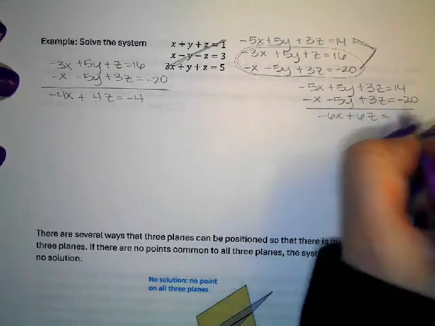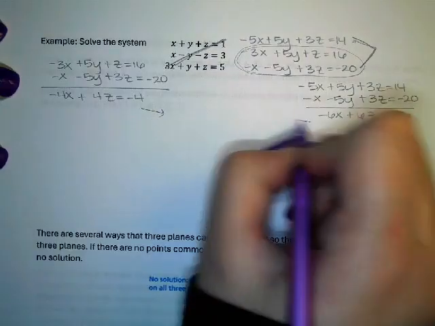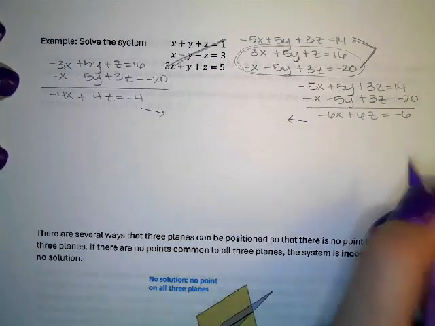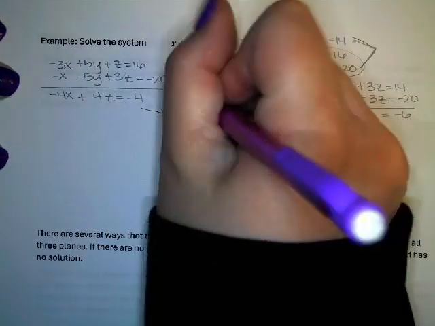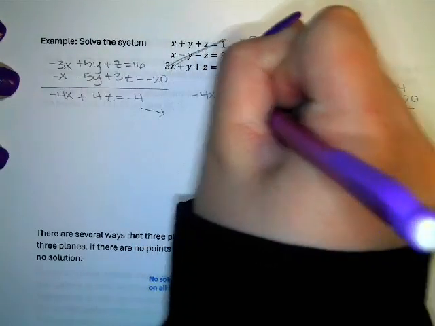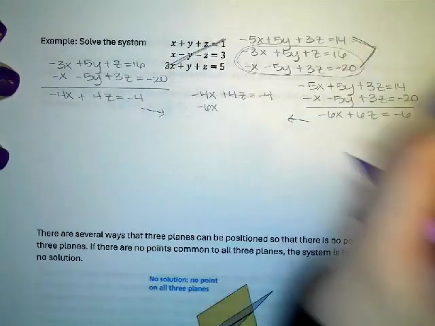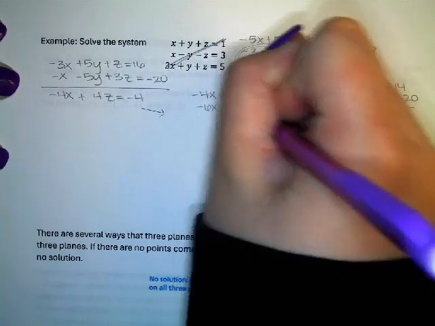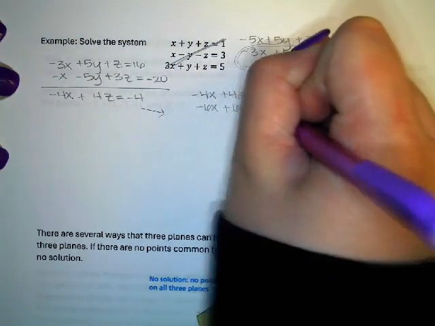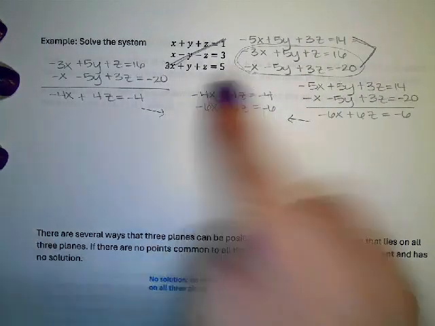So at this point, I have two equations with two variables. The x's and the z's look like they're going to be equally easy or difficult to eliminate, so I'm just going to look at the x's.